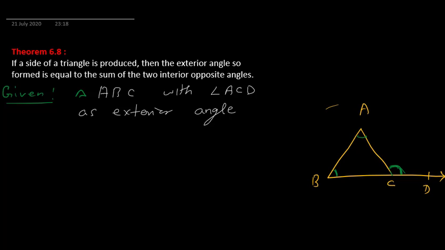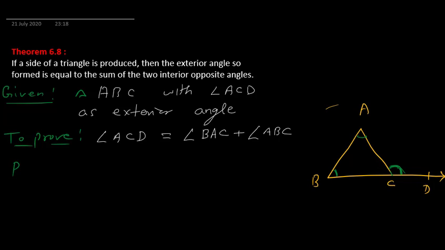What we have to prove: we have to prove that this exterior angle, which is angle ACD, is equal to angle BAC plus angle ABC. Now let us see how we prove it. You can try yourself to prove this theorem.